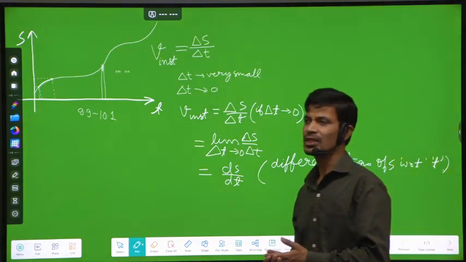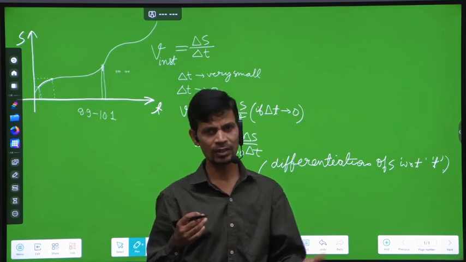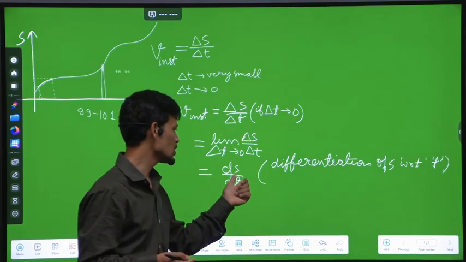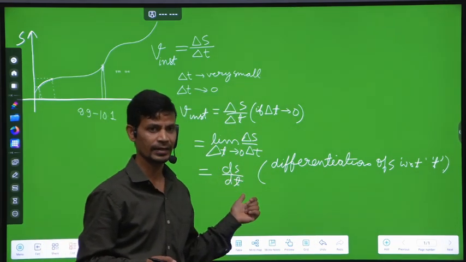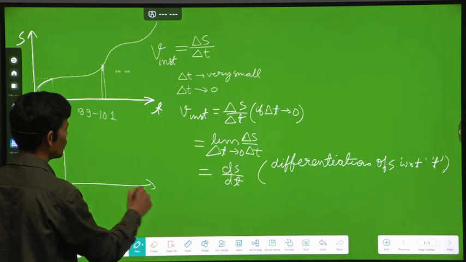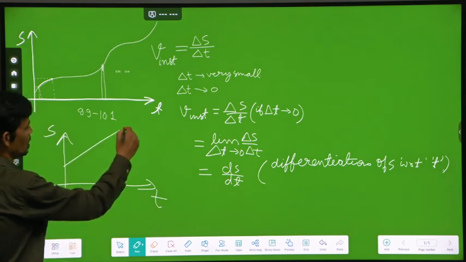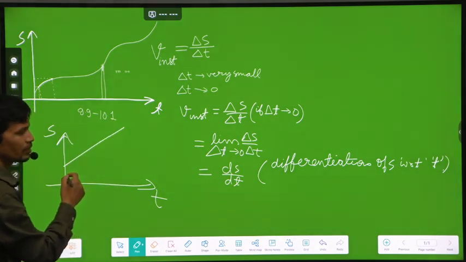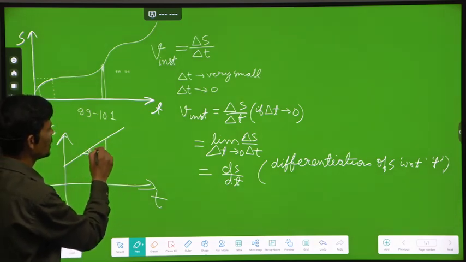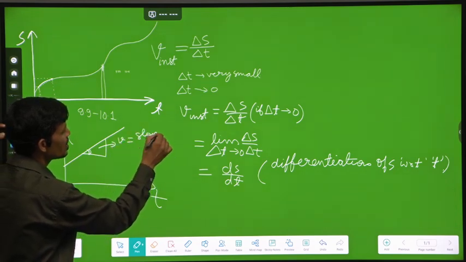Actually, what is differentiation? It is the measurement of variation of one variable with respect to another variable. How much s is changing with a change in time. Graphically, it is called slope, and we know in class 10th we have already studied it. If there is a displacement time graph, any graph line for a particular motion, we find its slope, and that is velocity. Same thing is here.